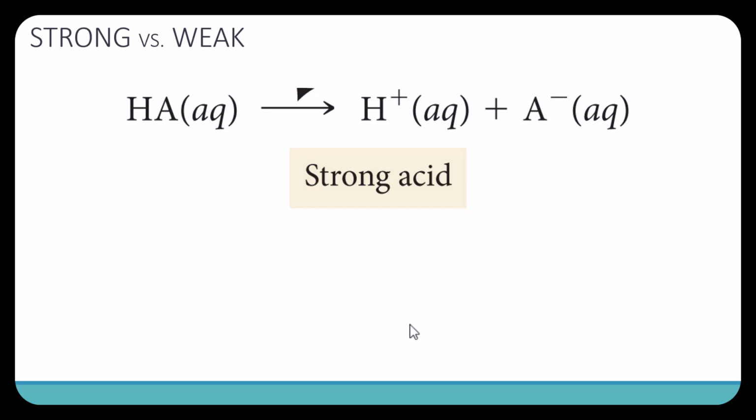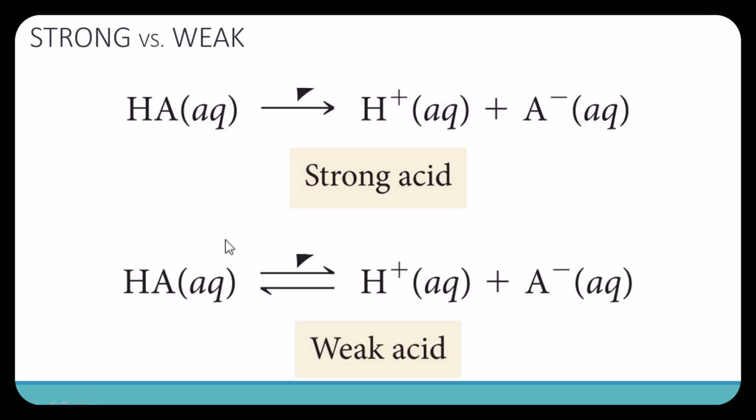Here is your first clue or indication as to what the difference would be. This would be an example of a strong acid. A strong acid is going to have a one-sided arrow. For every molecule of this acid that I put in, every single one will dissociate into the hydrogen ion and then whatever the anion is.